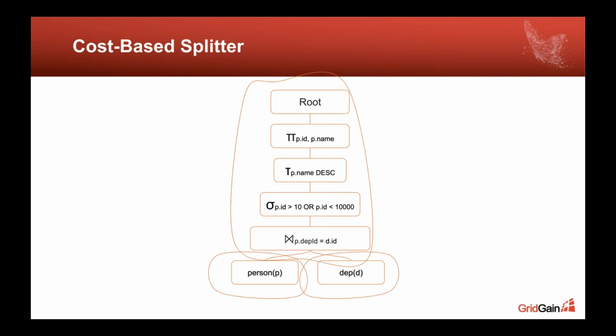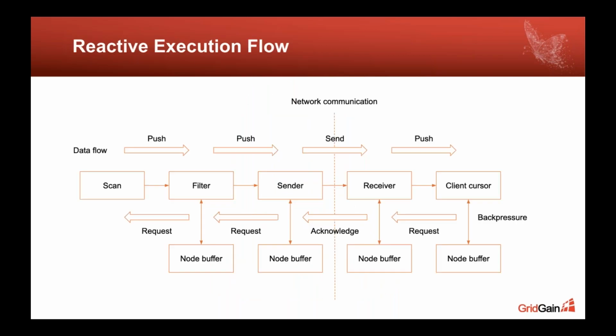Or send persons and departments to a client, do all the operations on the client side and get a result. Actually, our cost-based splitter checks all possible ways and chooses the cheapest one. So now they are able to execute our query.